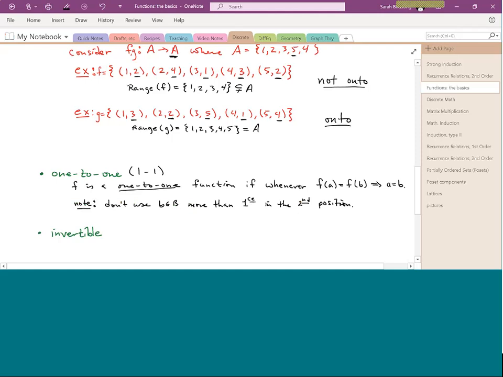Okay. So in terms of your ordered pairs, to be a function, your first position has to be used exactly once. To be one-to-one, your second position has to also be used no more than once.